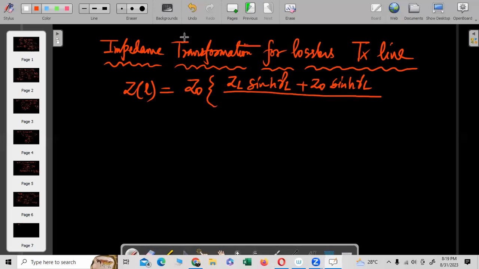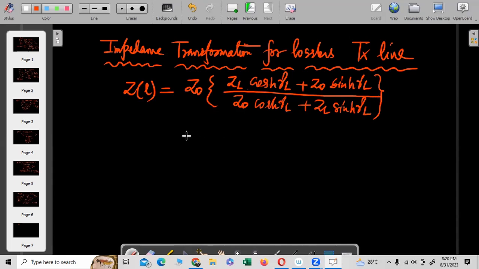One second, I have written something wrong. This will be cos, correct? This will be cos, this will be sine. Again, opposite. Z naught into cos plus ZL into sine. Okay.